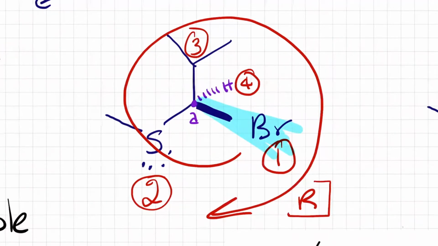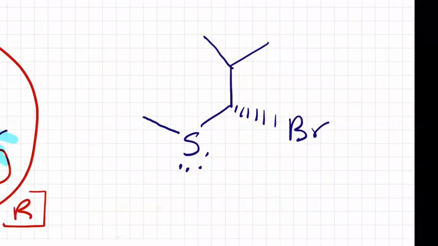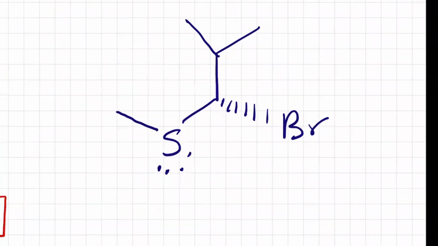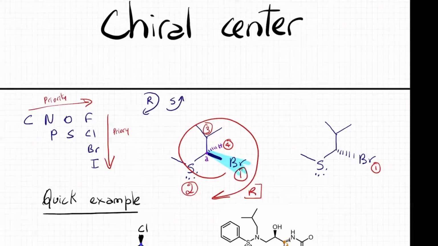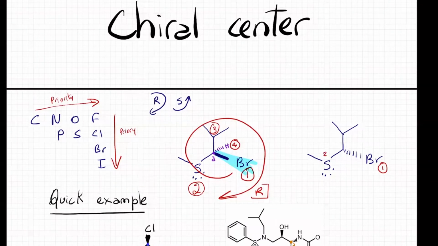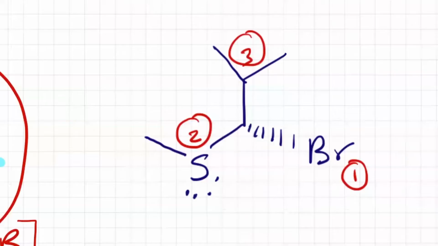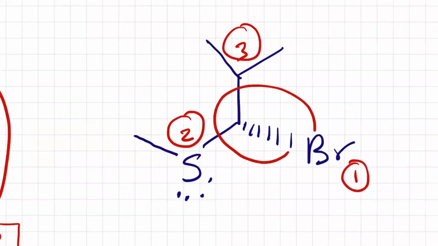So let's quickly review. What if it was on a dash? Same thing. Again, see how the bromine here is on the dash. So let me put 1. We know this one is 1. According to the table, we agree that the sulfur is 2 and the carbon will be 3. Again, we will be doing 1, 2, 3.